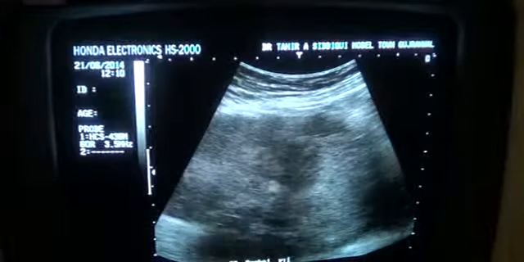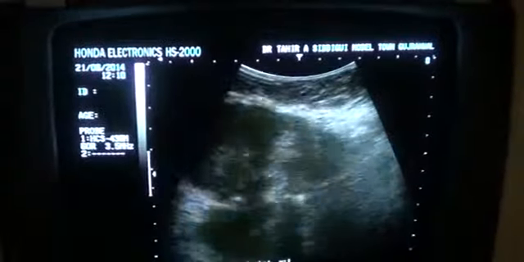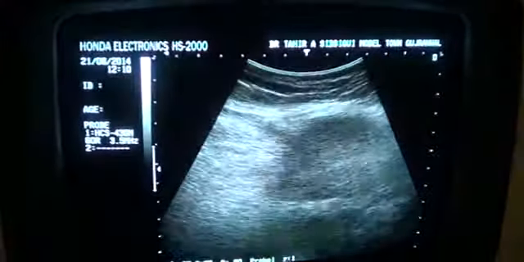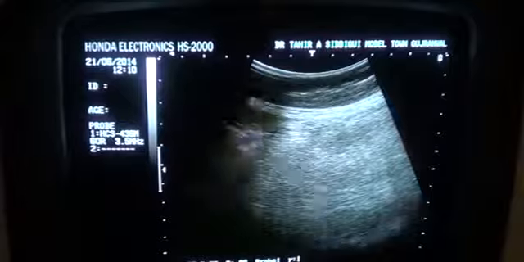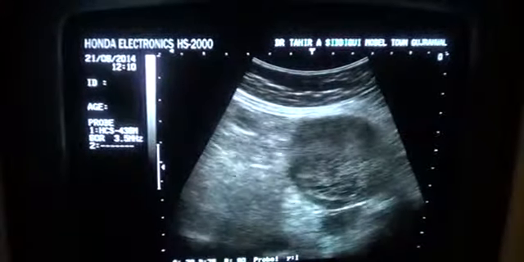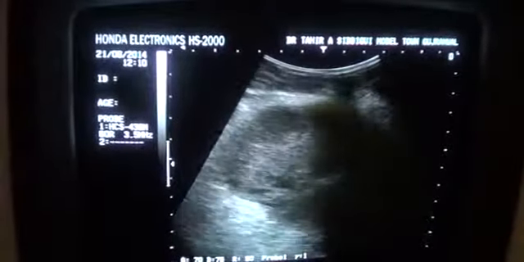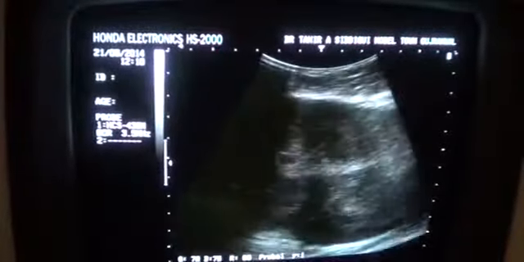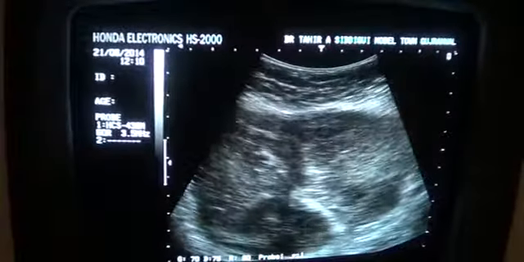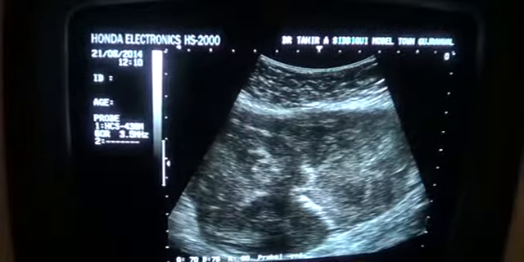an echogenic area that extends up to above the umbilicus, up to the epigastric region, and this is the mass, complex, cystic as well as solid.